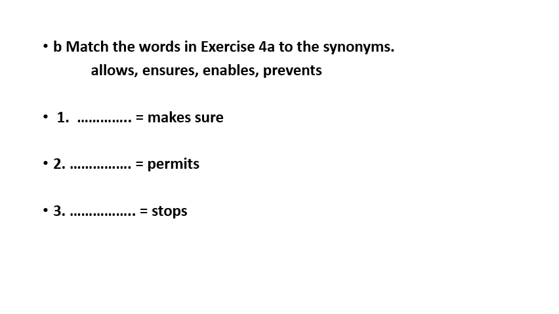And then the last word, of course, it's very obvious, it's the remaining word we have, which is prevents, which equals stops, which means it has the same meaning as stops. So both of them are synonyms, they have the same meaning.